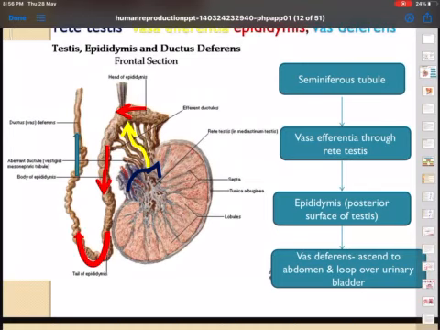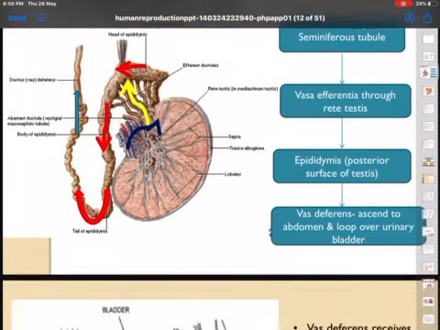Look at that arrow marks, and the epididymis, posterior surface of testis, comes out and forms vas deferens, and the vas deferens ascends up to the abdomen and loops over the urinary bladder. So many tubes play a crucial role in making the sperms travel.